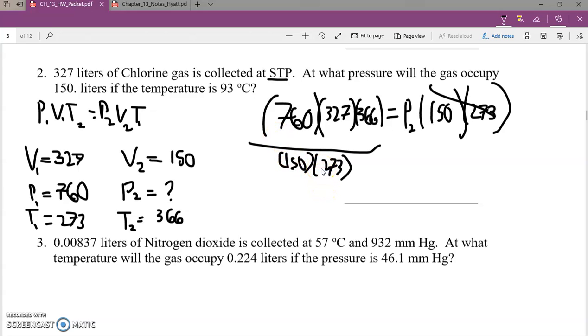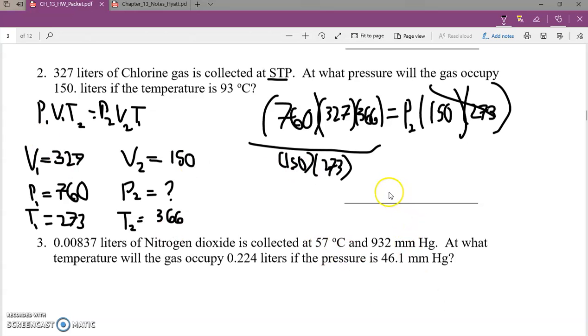Let's do that math. 760 times 327 times 366. That's a big number, but if we divide that by 150 times 273, we find a different pressure.